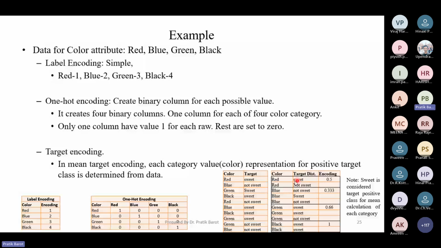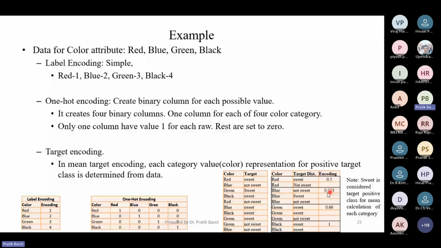For one tuple where the color is red, the target value is sweet. For another data object where the color is red, the target value is non-sweet. Sweet is considered the positive target class for the mean calculation. So from 2 data objects, only 1 is sweet, so that is 0.5. For blue, there are 3 data objects, and of those 3, there are 2 non-sweet and 1 sweet. So the encoding value is 0.33.